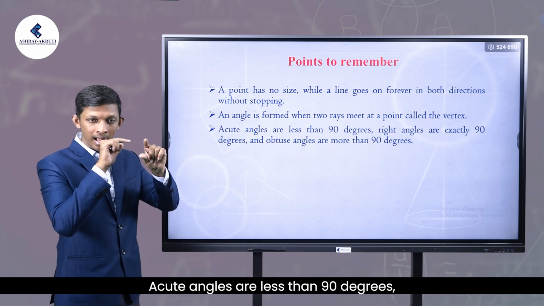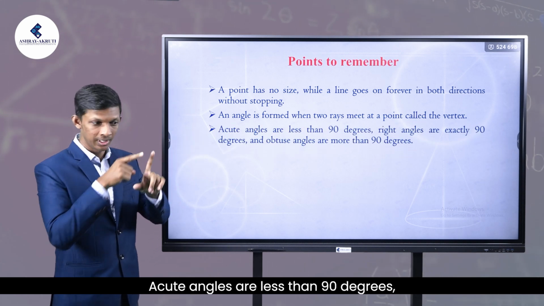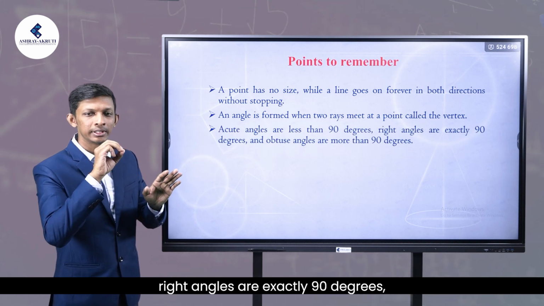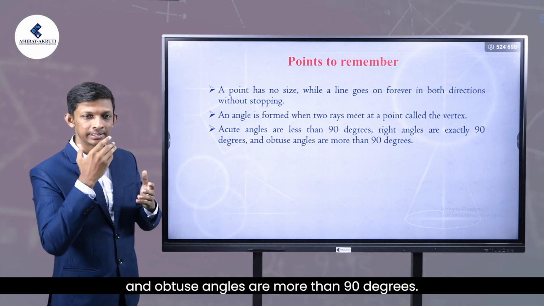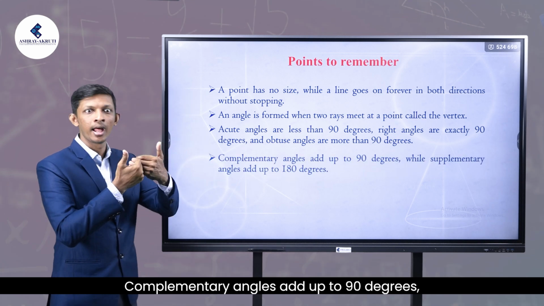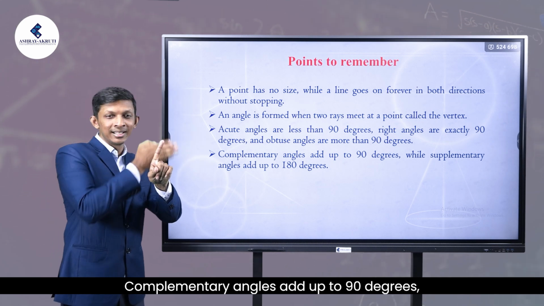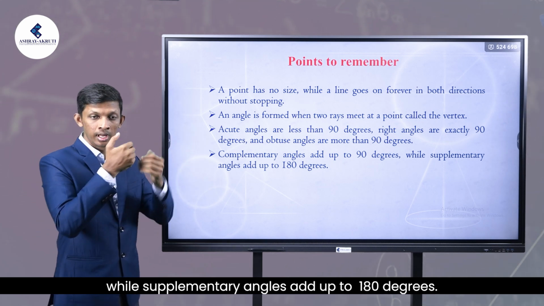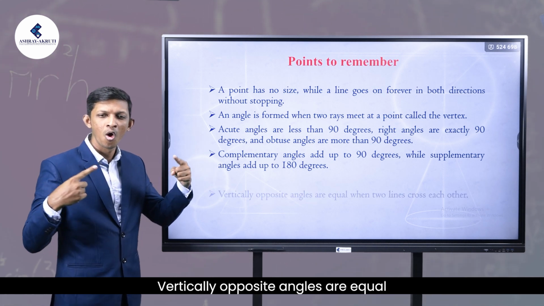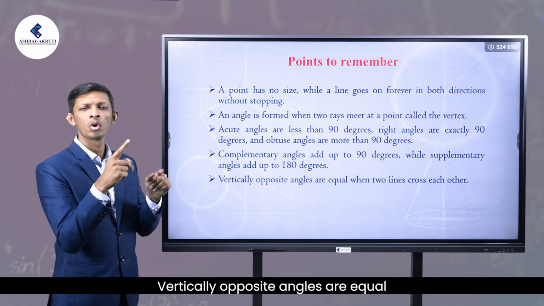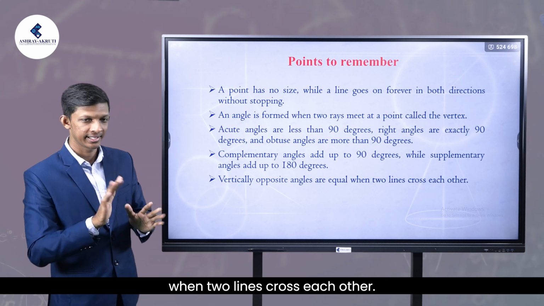Acute angles are less than 90 degrees, right angles are exactly 90 degrees, and obtuse angles are more than 90 degrees. Complementary angles add up to 90 degrees, while supplementary angles add up to 180 degrees. Vertically opposite angles are equal when two lines cross each other.